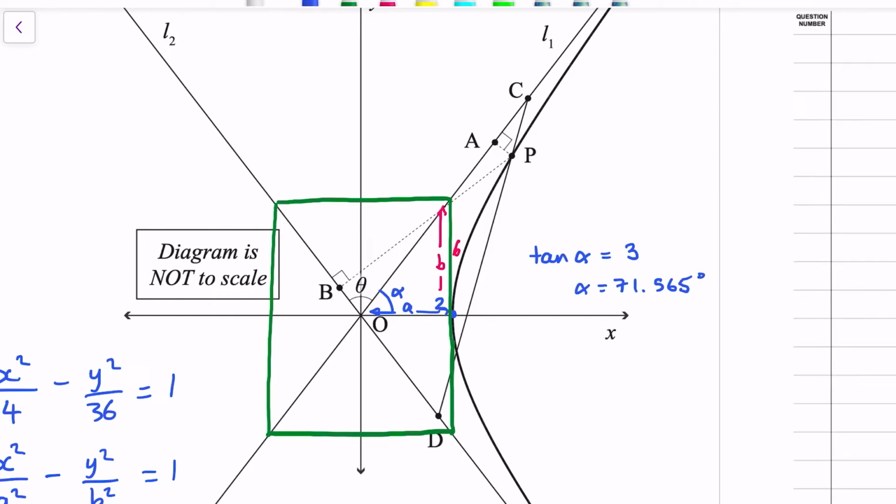So we've got that, and that means that theta is equal to 180 minus 2 lots of that.